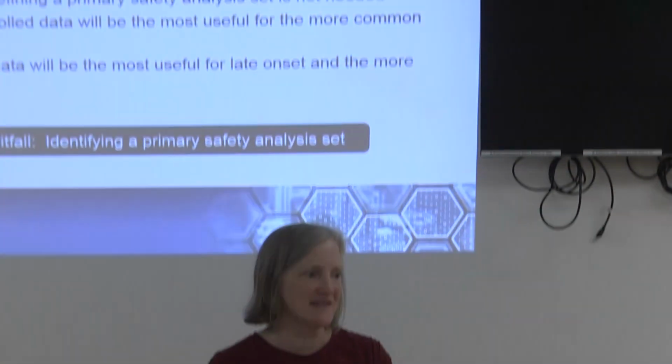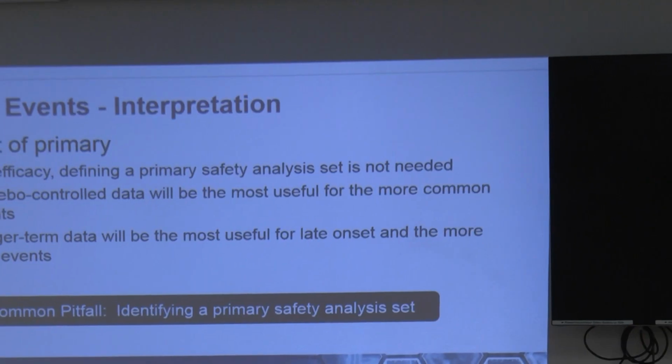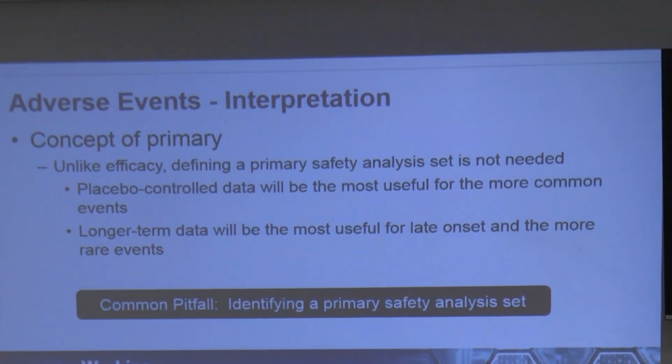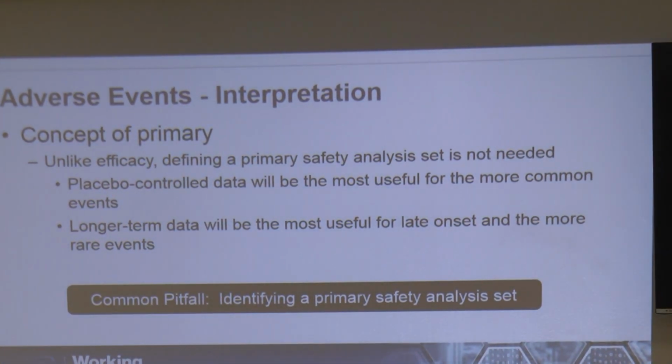Okay. Another common pitfall is to identify a primary safety analysis set, right? So in the study that we just saw, somebody said, well, the treatment period is our primary analysis set, right? We have a tendency to want to say what's primary. We don't really need to do that, right? So unlike efficacy, we don't really need to define a primary.